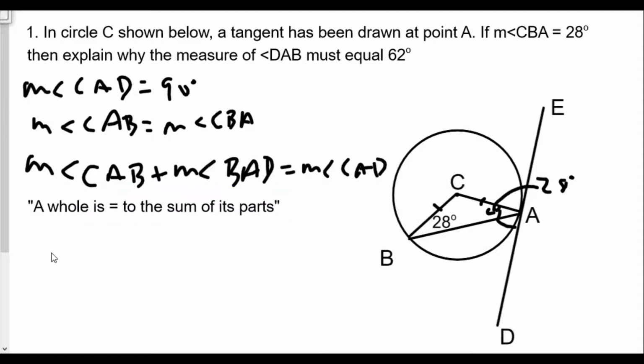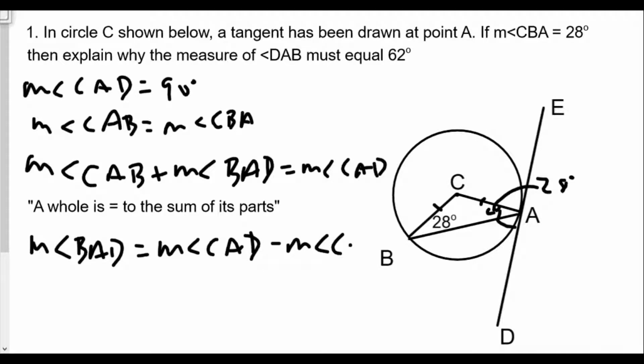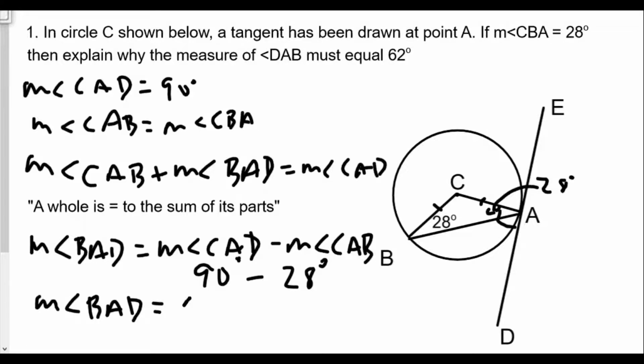If that's the case, we can move things around and get the measure of angle BAD equal to the measure of angle CAD minus the measure of angle CAB, by subtracting both sides by the measure of angle CAB. The measure of angle CAD is 90 degrees, and CAB is 28 degrees, so the measure of angle BAD equals 90 minus 28. That's the 62 degrees we have.